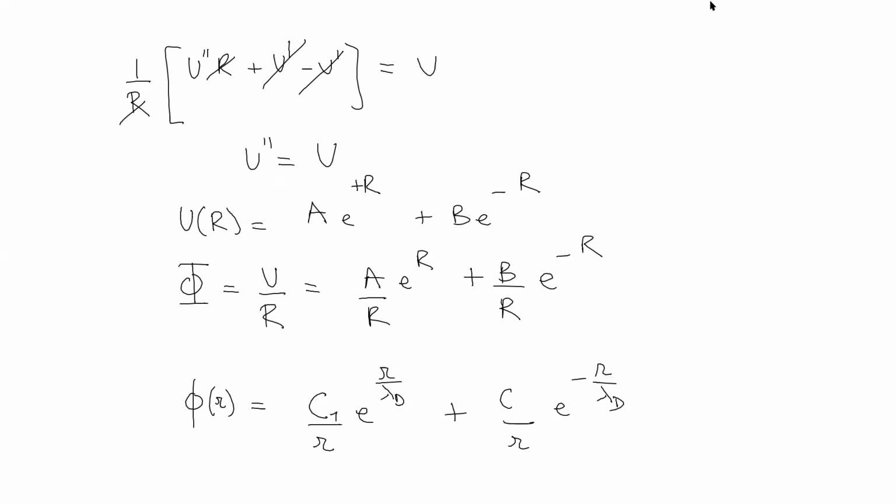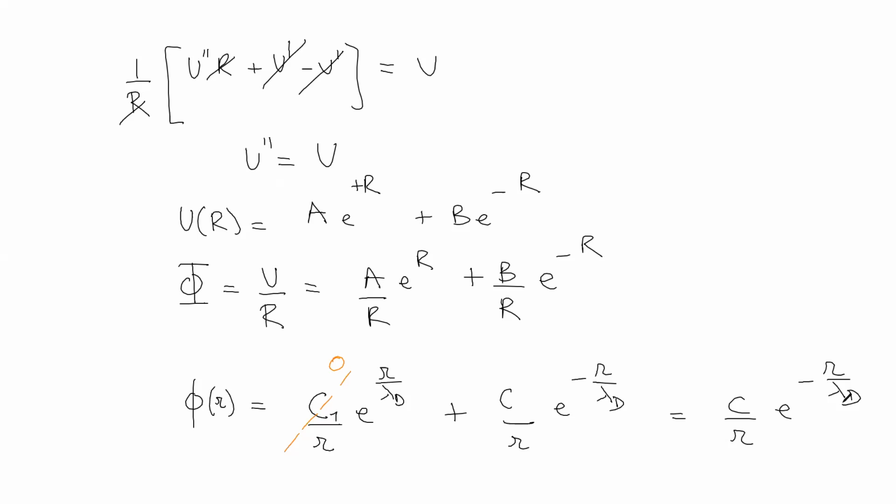Yes, at least we don't allow for an infinite potential far away. So I agree with your statement, meaning that basically we will kill C1, because when R goes to infinity, we don't want an infinite potential. This is not allowed by physics. So we end up with a vanishing potential far away.